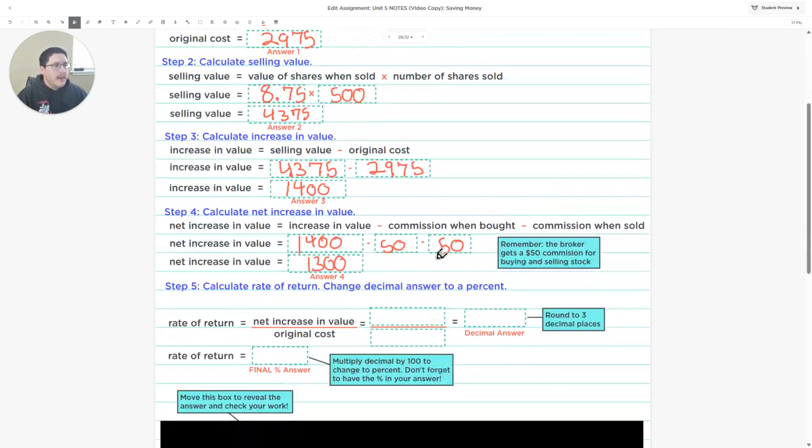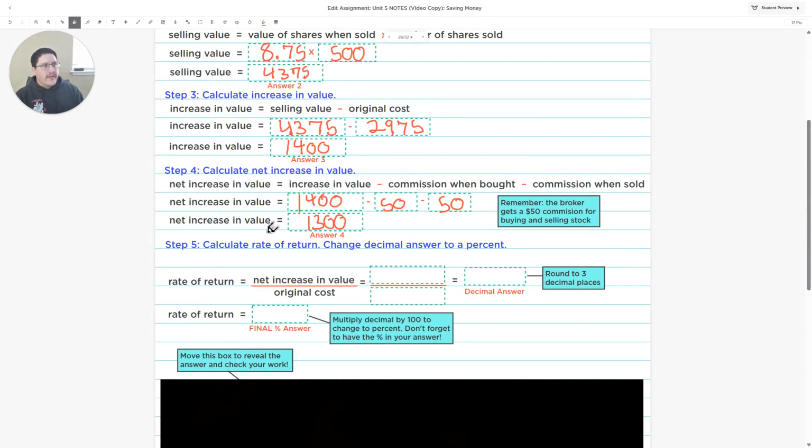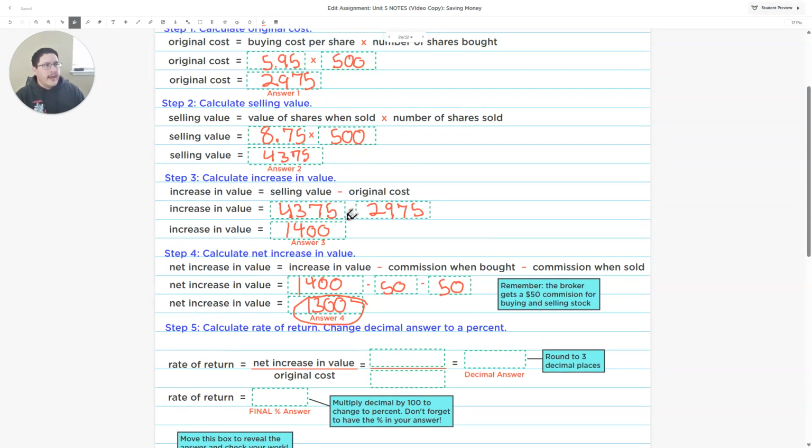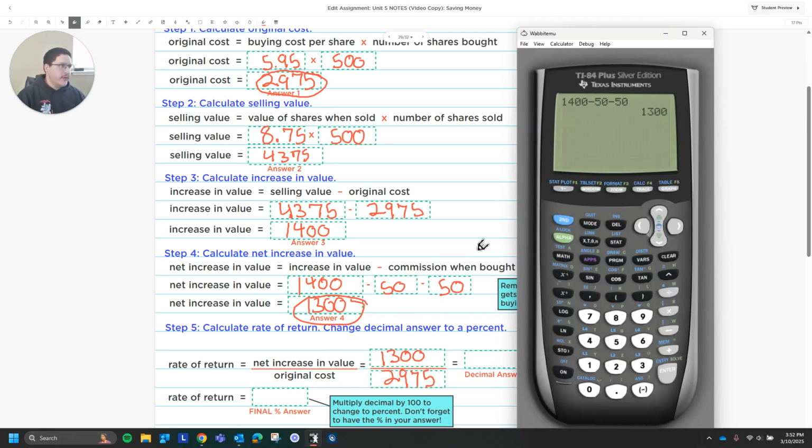Okay. Now, to calculate the rate of return, we're going to take answer 4 and then answer 1, the net increase and the original cost, and we're going to divide them. So 1,300 divided by 2975. We're going to round our decimal answer to 3 places just for the sake of this class.